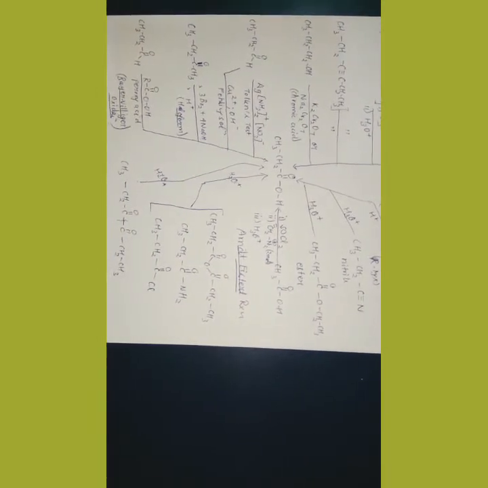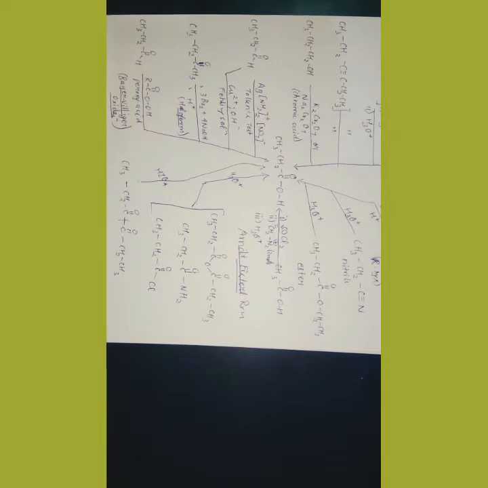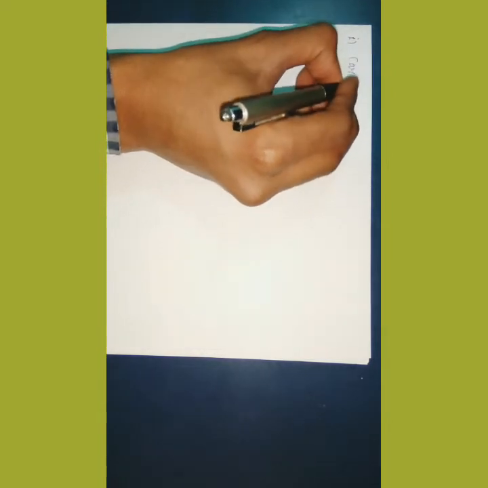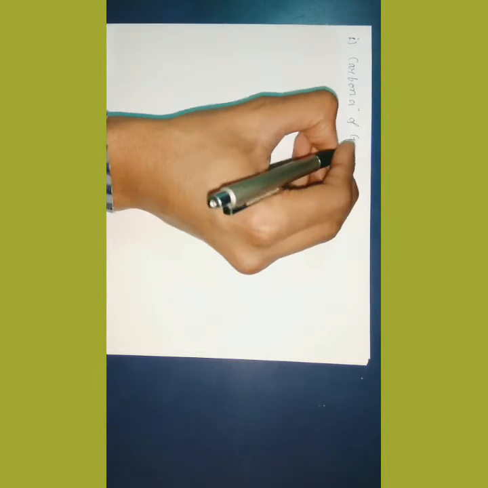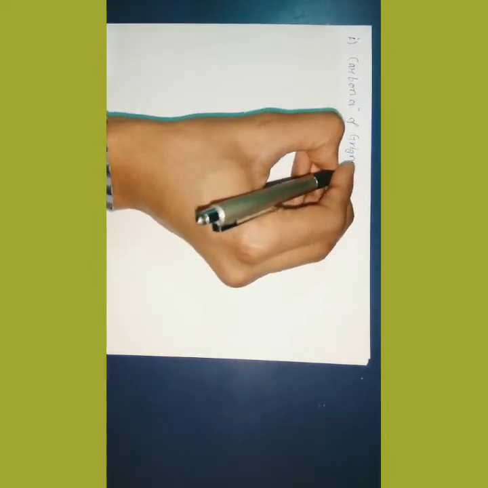So this is the chart. For a quick review of the chapter, it combines previous chapters also, phenols, aldehydes, ketones, and there are some new reactions of carboxylic acids. Now if we go further, we'll describe some of the new reactions which I have already shown you in the chart, and first in the series comes carbonation of Grignard reagent, the one in the top right corner of the chart.